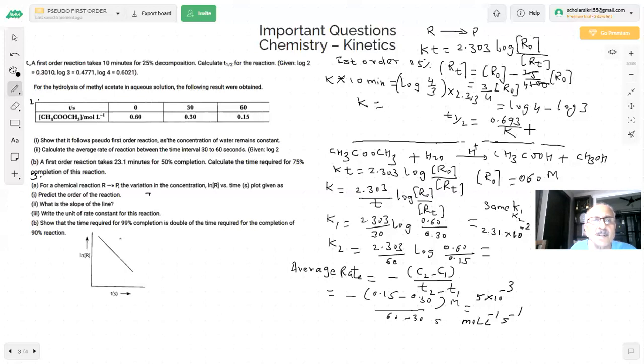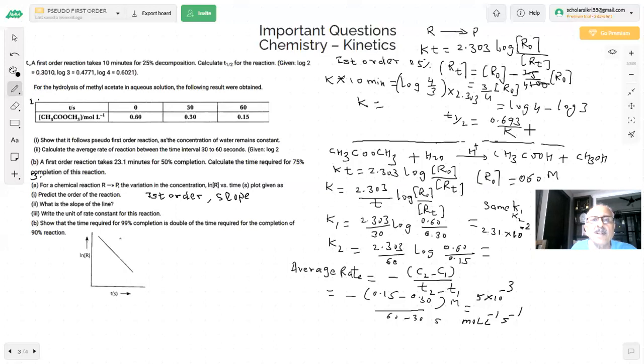First order reaction. You know how to draw the graph. If you want, you can give the equation which we used, that is y is equal to mx plus c. What is the slope? So what will be the slope in this case?